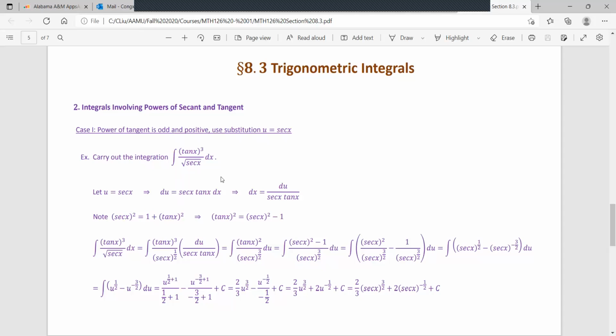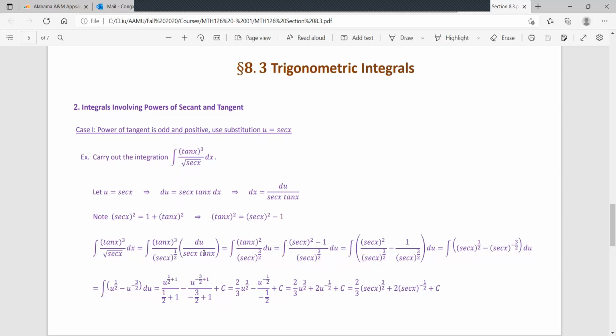Now we can carry out the integral, replacing dx by du over secant x tangent x. And you can also rewrite square root of secant x as secant x to the half in the denominator. Okay, so then we can do some cancellation and combine secant x.